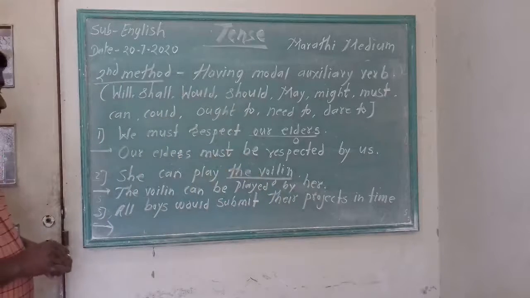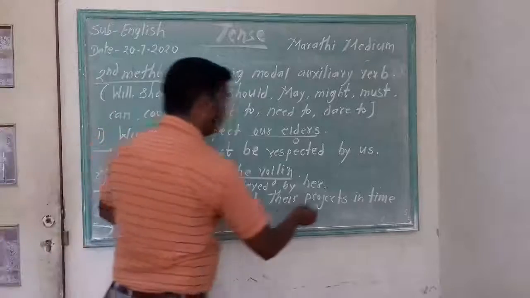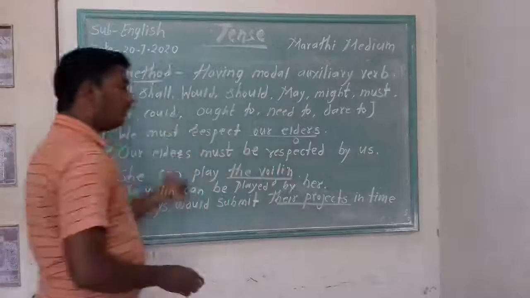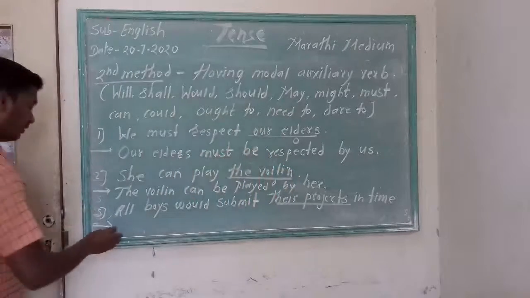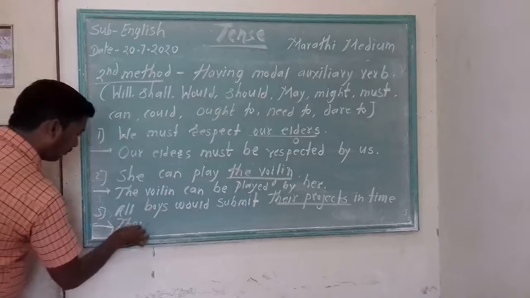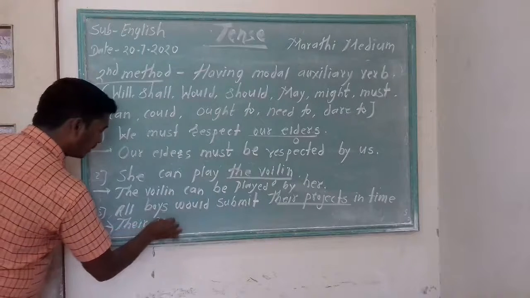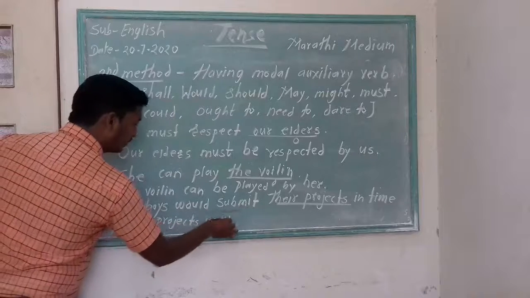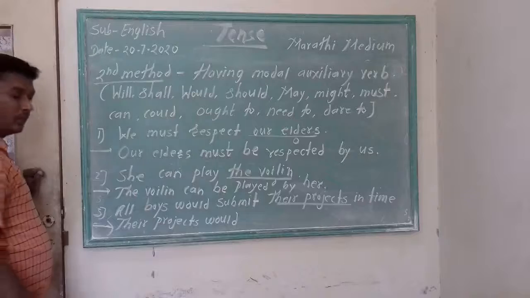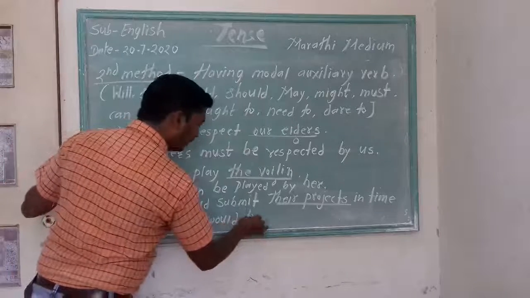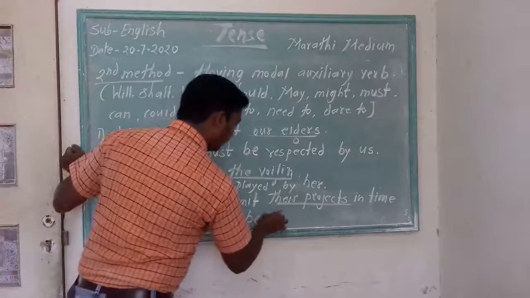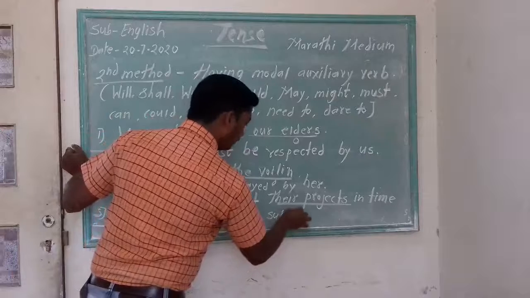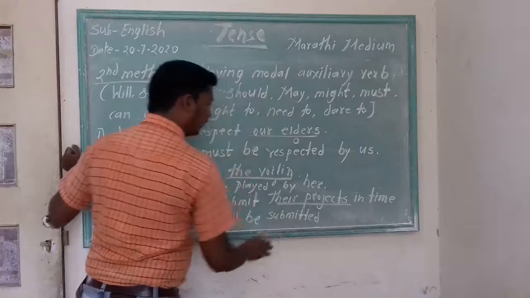Now next, all boys would submit their projects in time. Take that object, their projects. Then take the modal auxiliary verb would. After would take be, submit into submitted, V3.